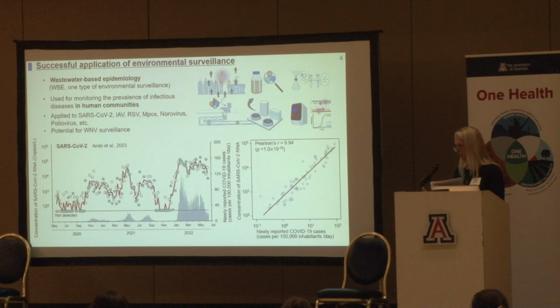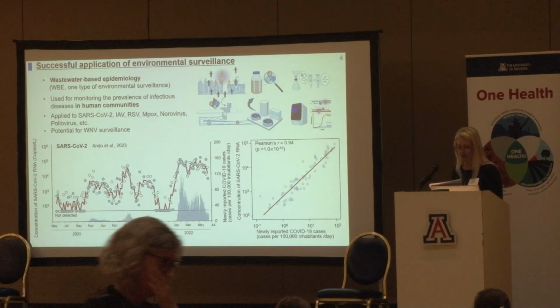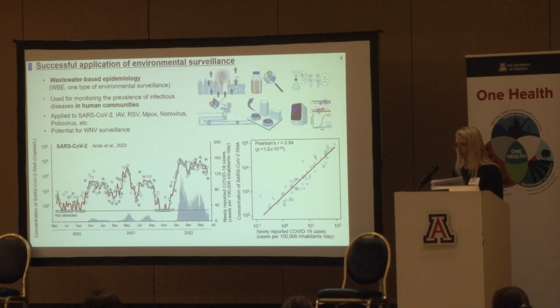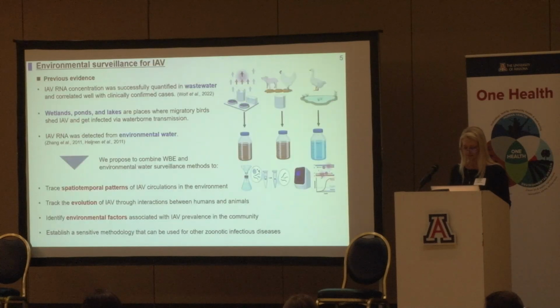We can analyze wastewater samples that contain virus shed from infected individuals, and studies have clearly correlated SARS-CoV-2 concentrations in wastewater with clinically confirmed cases. Similar demonstration studies have been reported around the world, and the application of wastewater-based epidemiology, or WBE, has been expanded to other infectious diseases, including influenza viruses.